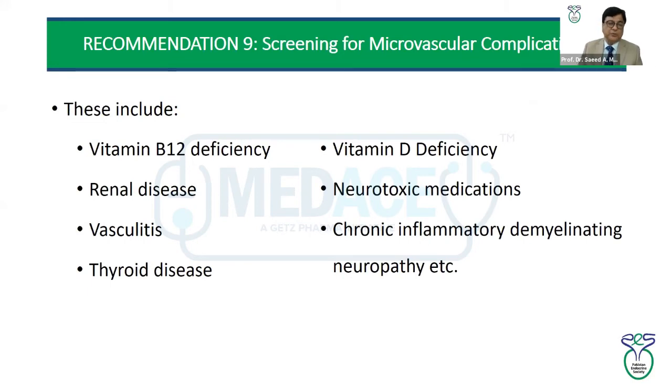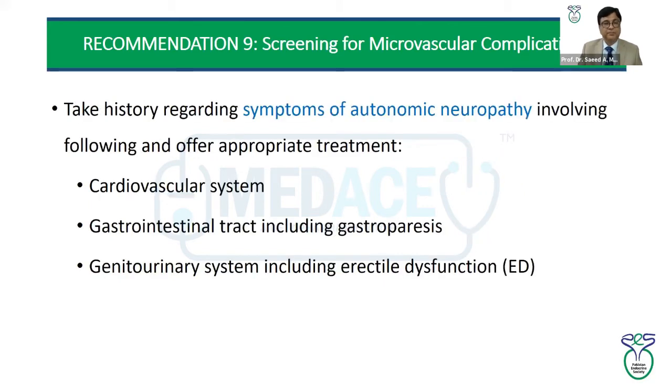These are vitamin B12 deficiency, renal diseases, vasculitis, thyroid disease, vitamin D deficiency, neurotoxic medications, and chronic inflammatory demyelinating neuropathy. So before labeling that this is typically due to diabetes, the other causes must be excluded, and this may also help in the treatment of the neuropathy.